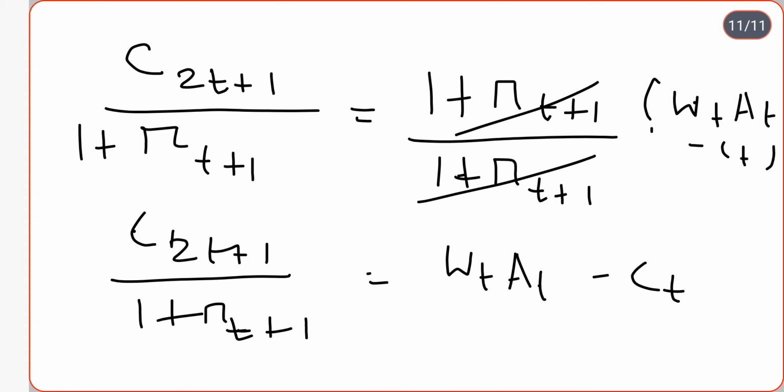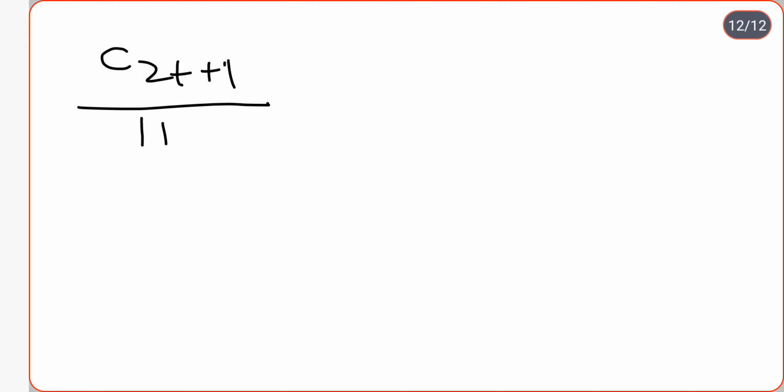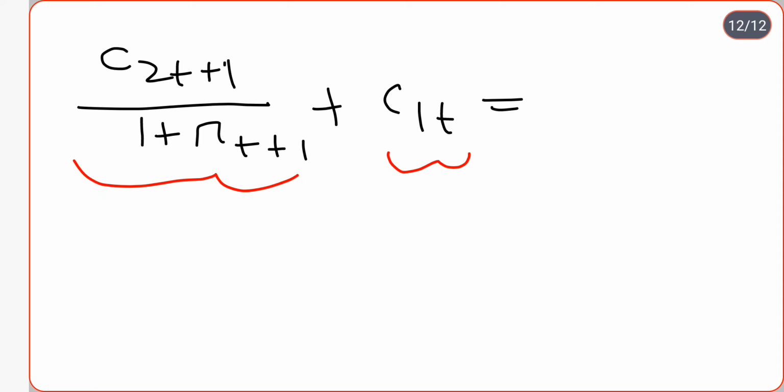Now this part, if I just take the CT on the left hand side, this will become C2T plus 1 divided by 1 plus R to the power RT plus 1 plus C1T, that is the first period consumption, equals lifetime labor income.